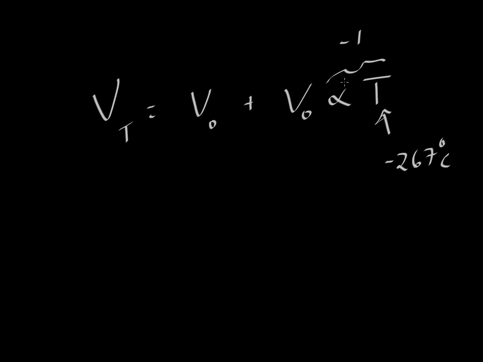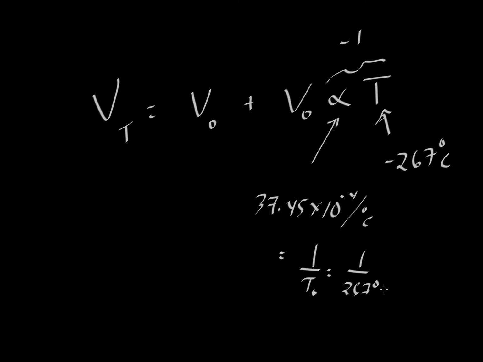So to get this product to be minus 1, you can insert the value of alpha of 37.45 times 10 to the minus 4 per degree C, or equivalently, you could do the 1 over T naught, where it's 1 over 267 degrees centigrade.